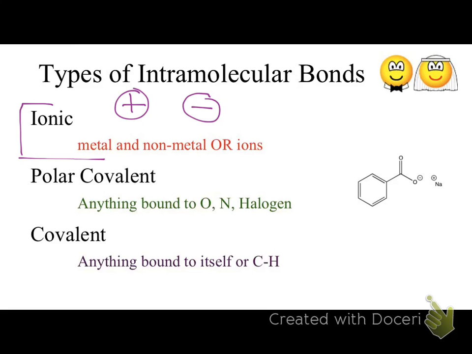Charges are inherently bad. You don't stick your finger in the electrical outlet because there's a lot of charge in there. Okay? So if we're going to try and classify these and figure out which one's the most reactive, we would expect ionic to react fairly readily as far as organic chemistry goes. Okay? Those also tend to be fairly rare. So while they might be the most reactive, how often are we going to see them?